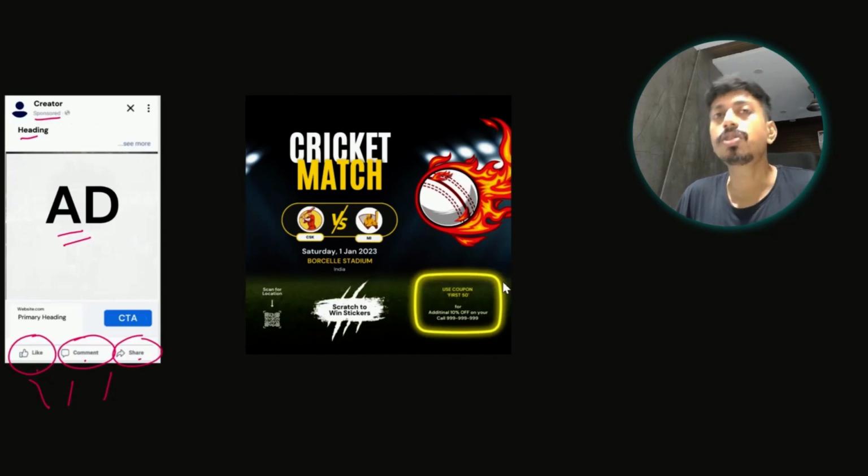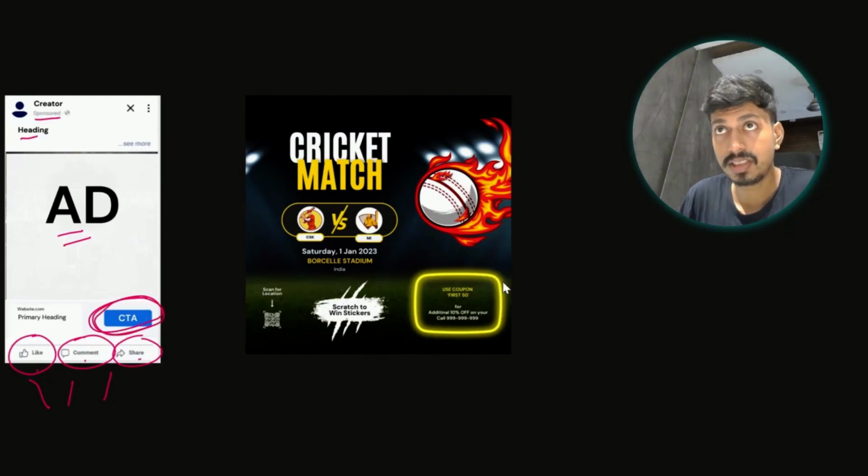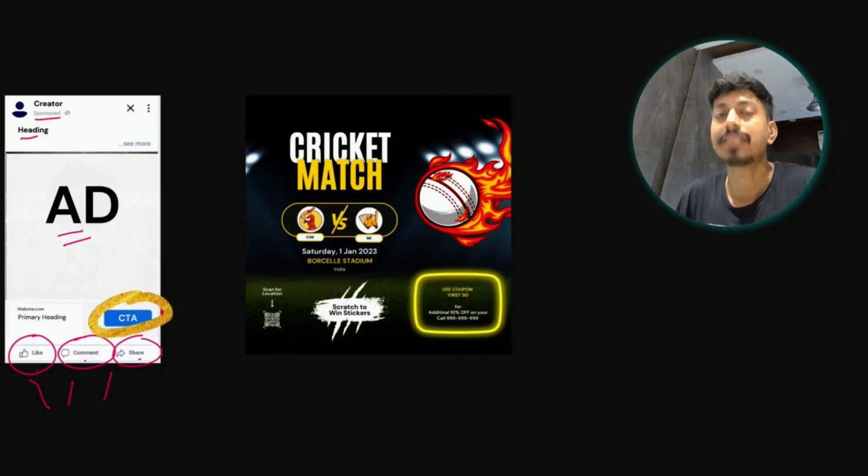But what matters to us as an advertiser is how many people are actually clicking on this CTA. This is the most important thing, how many people are clicking on this, because that will decide whether our ads are serving the purpose.